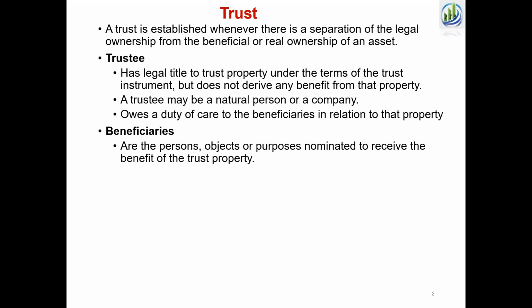Trust losses are normally not distributed to beneficiaries. The trust will carry forward the loss and offset it against trust income in the future. This is the main difference between a partnership and a trust. In a partnership, regardless of whether you are making profit or loss, it should be distributed to the partners.